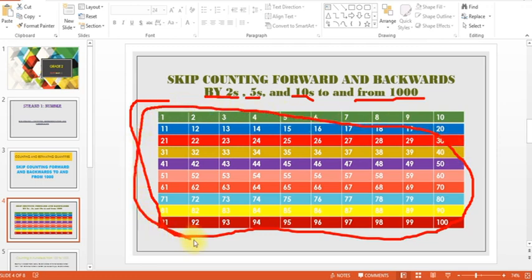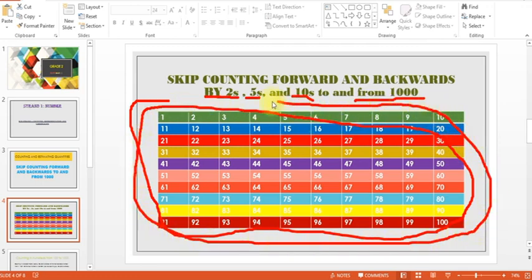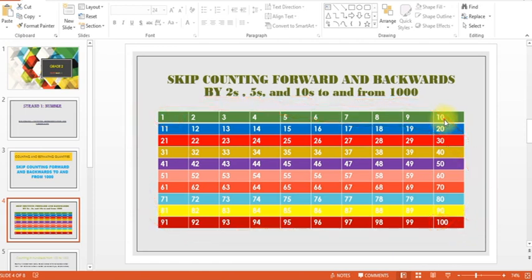Keep in mind that you have to study the table, from 1 to 100. You have to know how to count from 1 to 100. I brought the table as a guide, so that as we go on, you will be able to understand the skip counting principles.